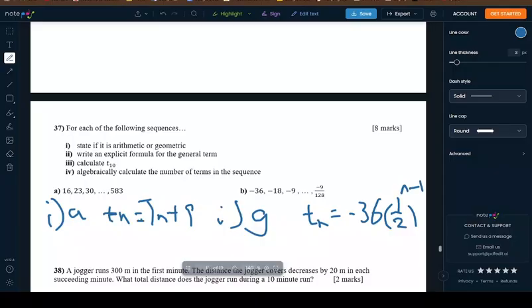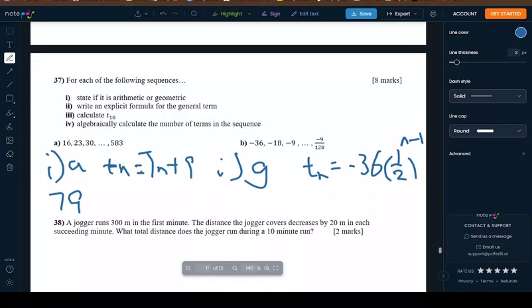Alright, T10 using our formula: 70 plus 9, so 79. And 1 half to the 9th power times negative 36. Oh, this is our last term.